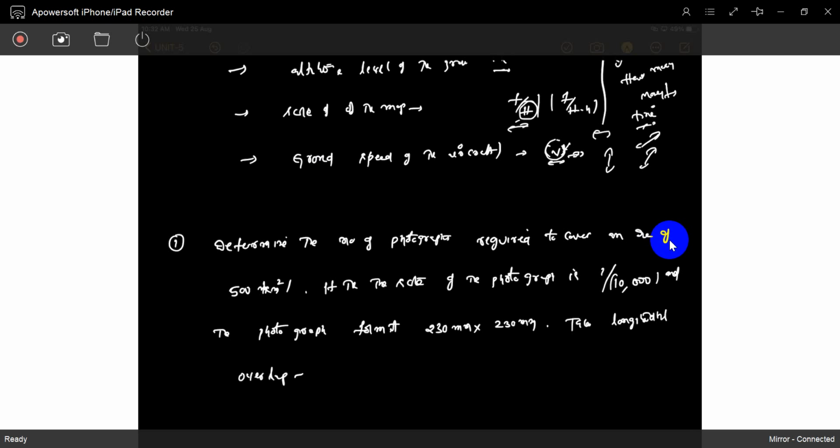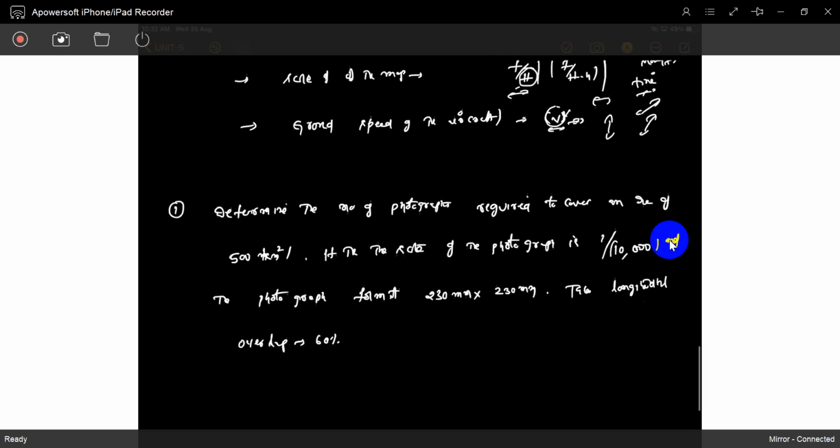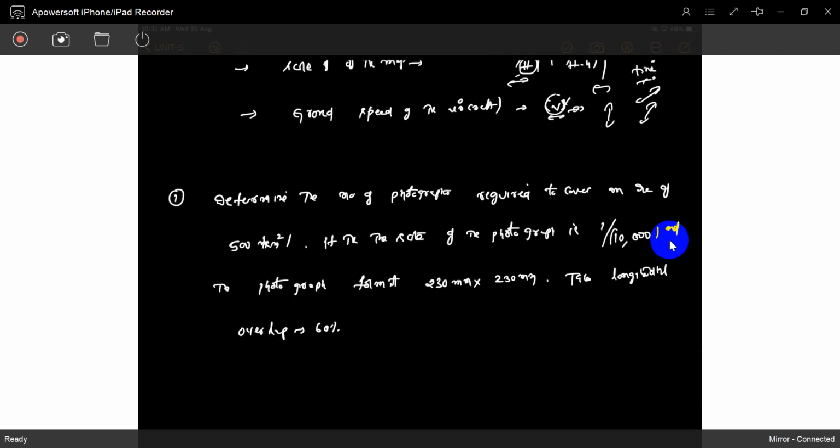overlap is 60%. Why at least 50% is required? That's mostly why they take 60%. If you increase 60 to 70, it is wastage of time and wastage of footage. At least 60 should be maintained.